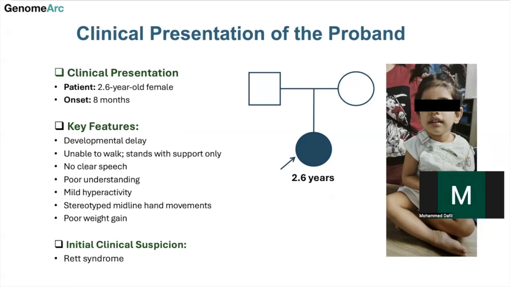Since it's a girl, the initial suspicion was that it might be something to do with Rett syndrome. So the clinician forwarded this patient to the genetic lab for Rett syndrome screening.